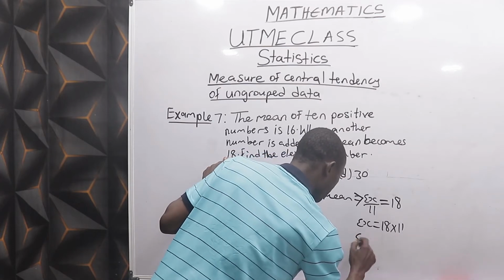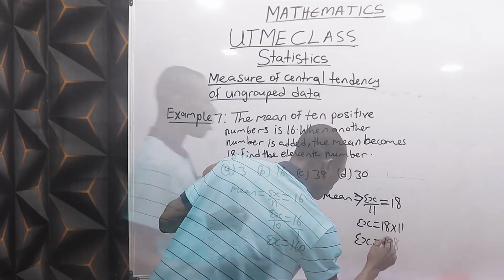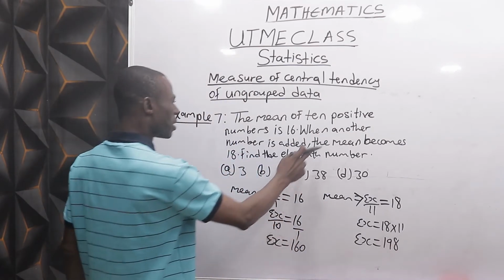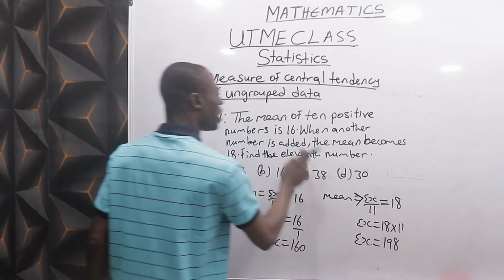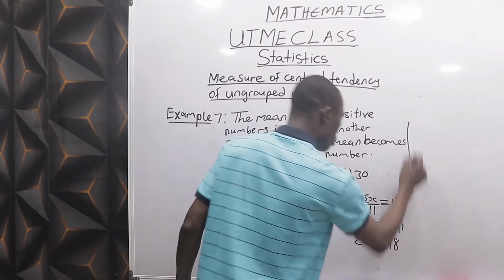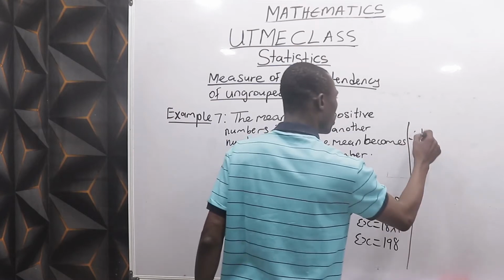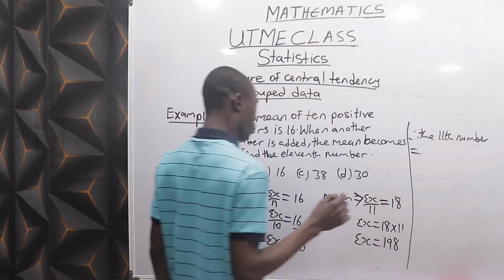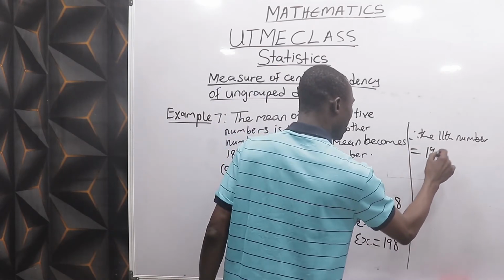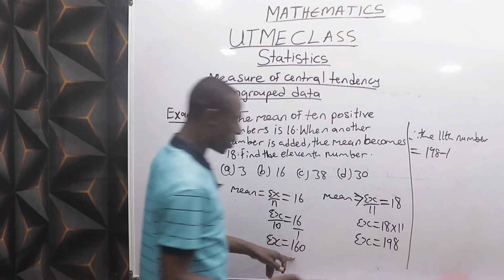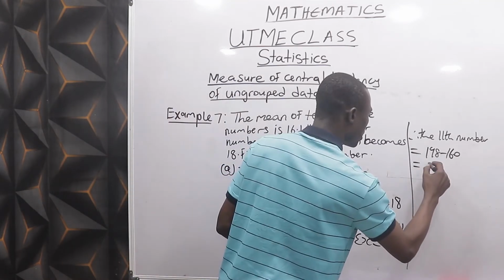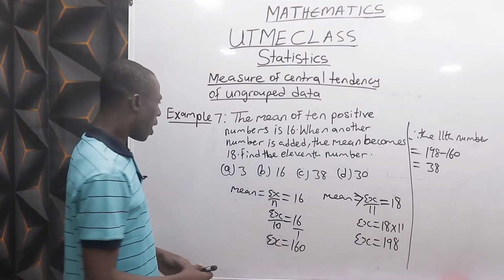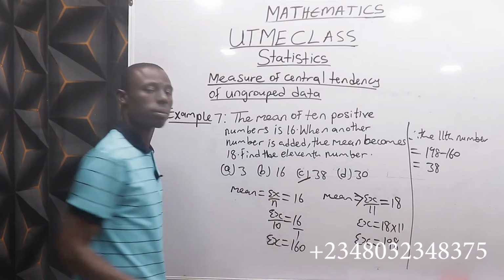What is 18 times 11? 18 times 11 is 198. The question is, the mean becomes this. Find the 11th number. Conclusion now. Therefore, the 11th number equals 198 minus 160. Answer is 38. That is the 11th number that was added. And that is option C.